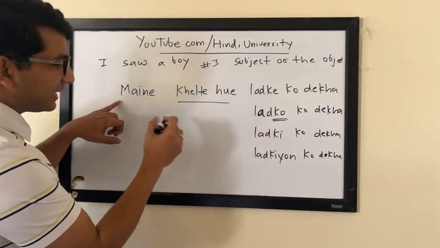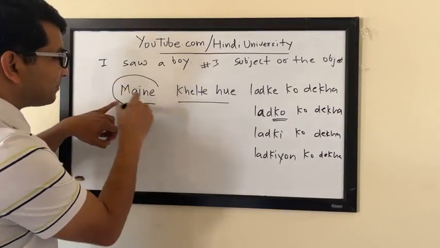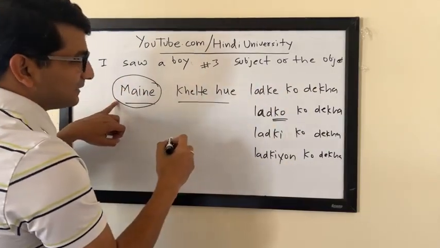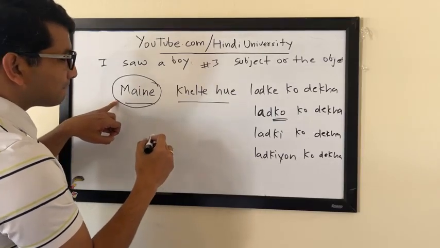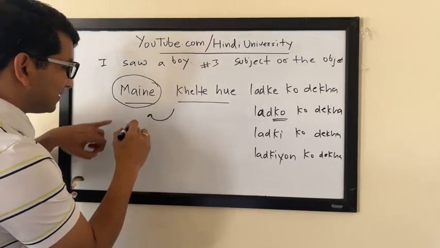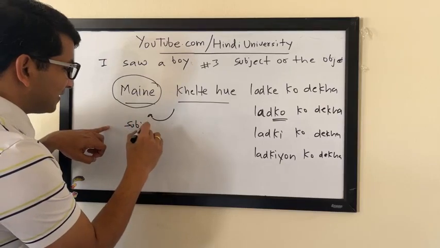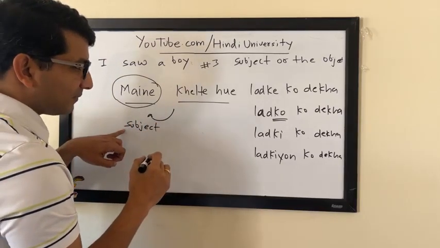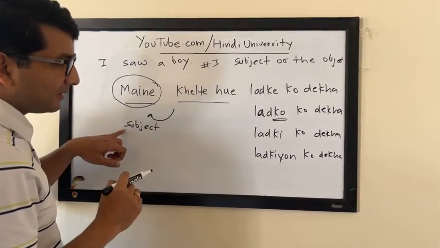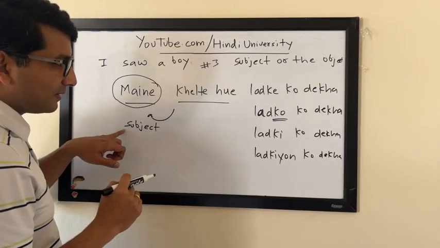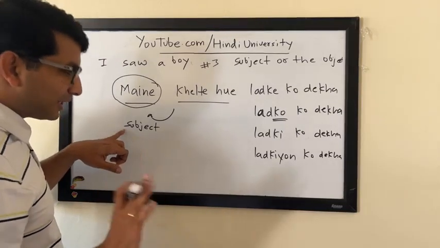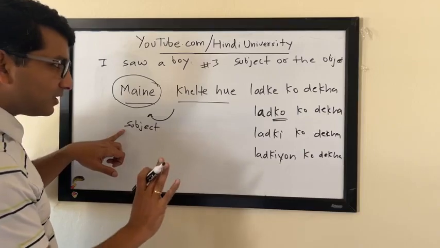That's right. So that's what I was saying. Who is playing? My understanding is the subject. That's right. While the subject is playing, at that time I saw a boy or boys or girls. So that is one variation.